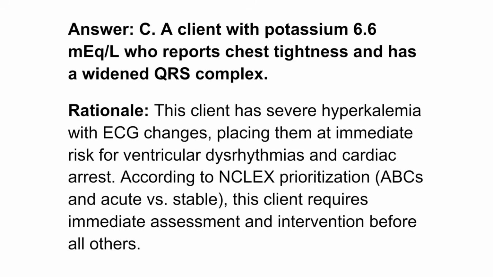Answer: C. Rationale: this client has severe hyperkalemia with ECG changes, placing them at immediate risk for ventricular dysrhythmias and cardiac arrest. According to NCLEX prioritization, ABCs and acute versus stable, this client requires immediate assessment and intervention before all others.